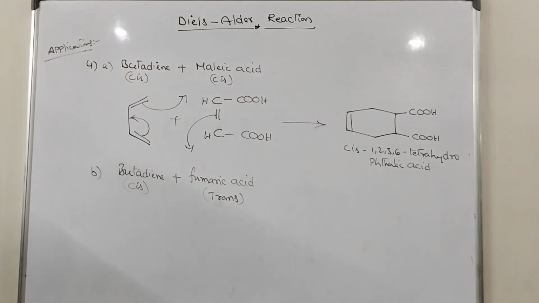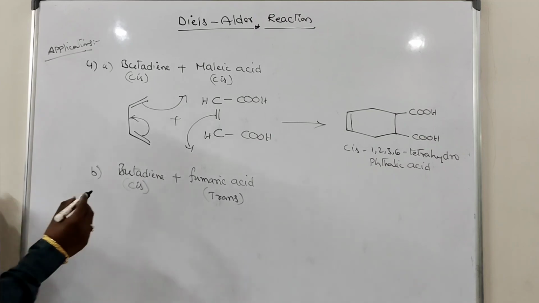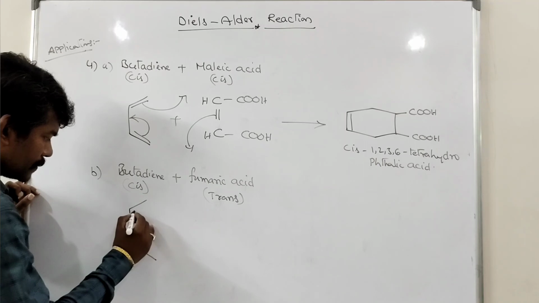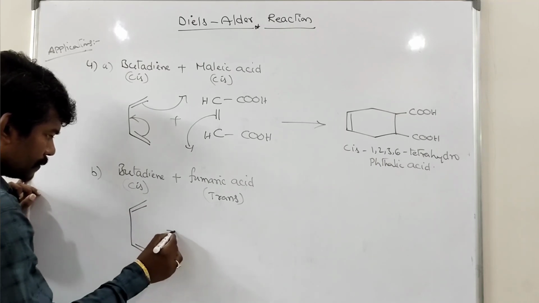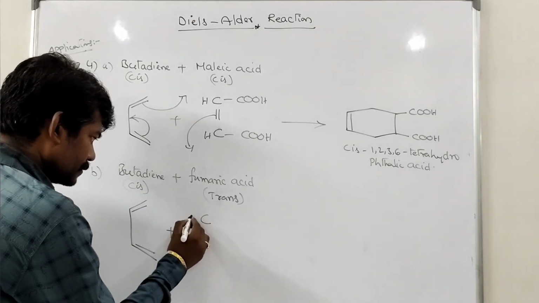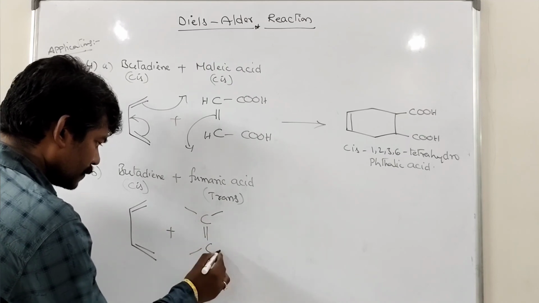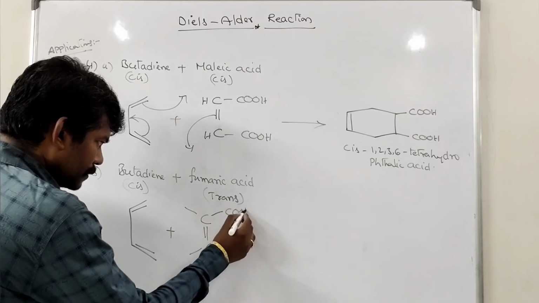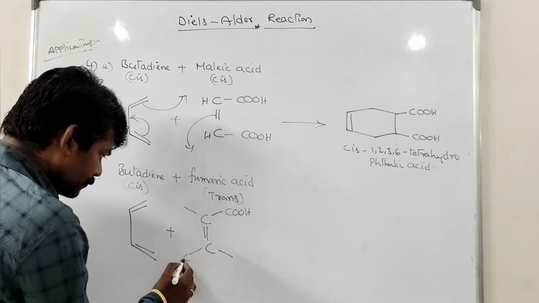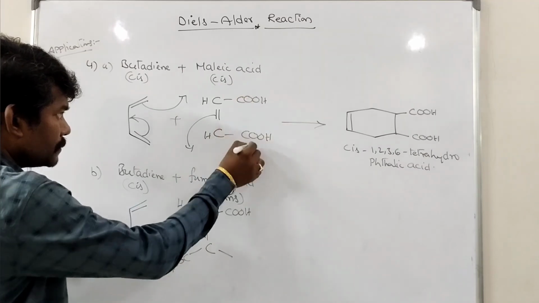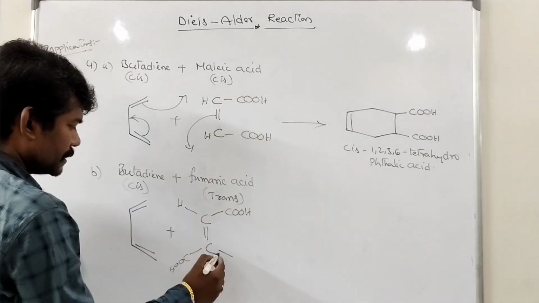The COOH groups are far away from each other, on opposite sides. This is the cis form, same side, and this is the trans form, opposite side.